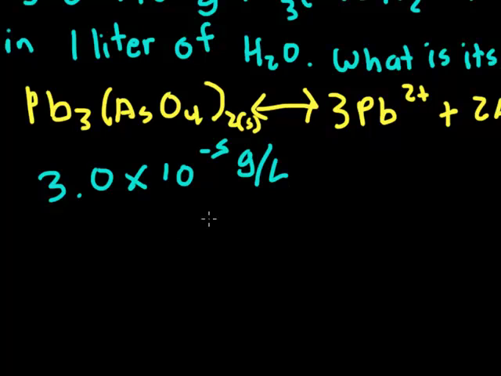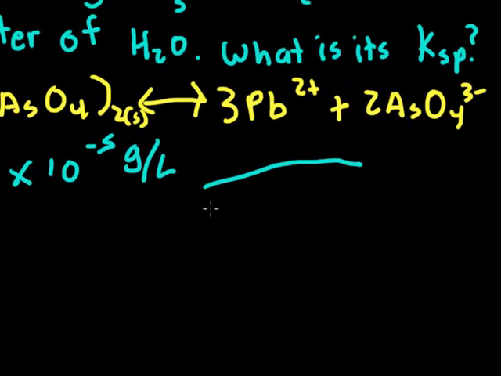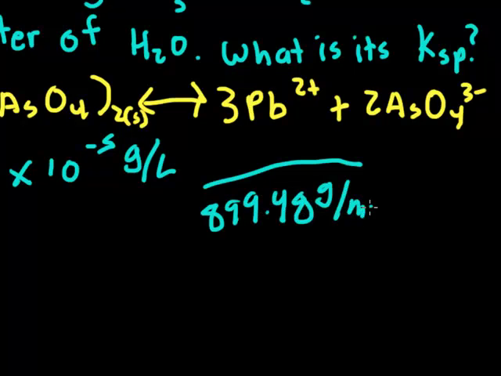Once you write this out, you have to find the molar mass of the Pb3(AsO4)2, which turns out to be 899.48 grams per mole.